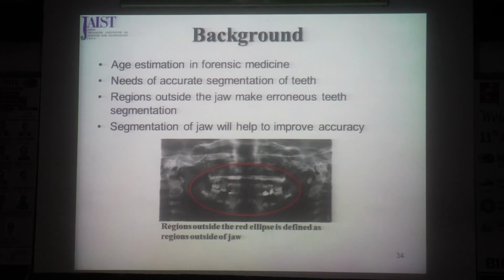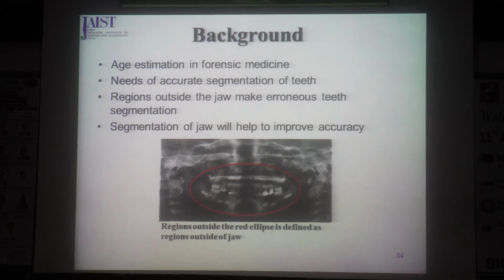So this is a collaborative research with a Malaysian university. This is an example of a panoramic X-ray image of the jaw. What we need this kind of image for is something like this. In some cases, because of, for example, murder or something like that, we find a person with very little evidence to identify who he or she is.